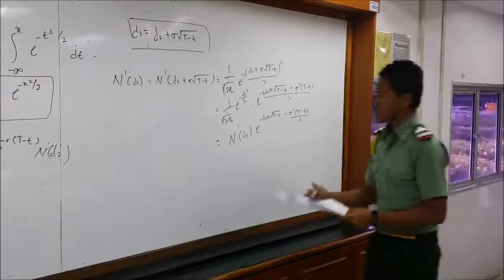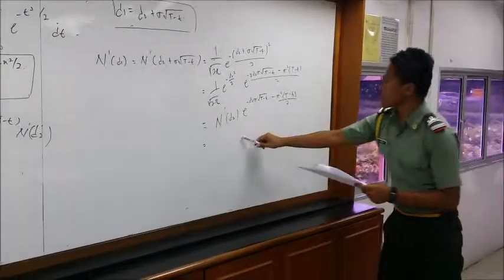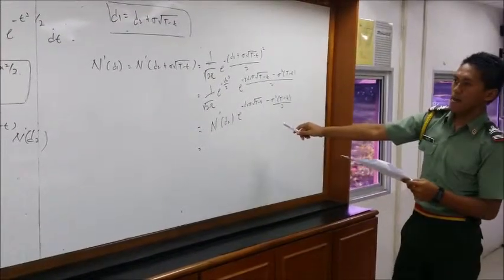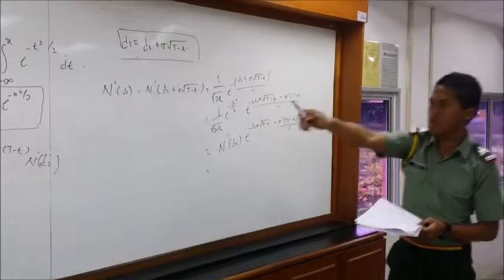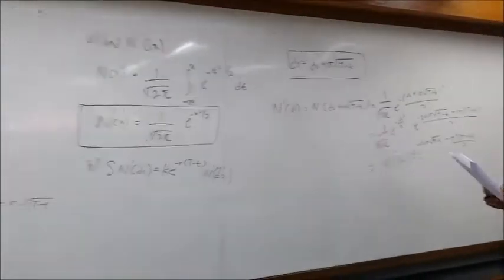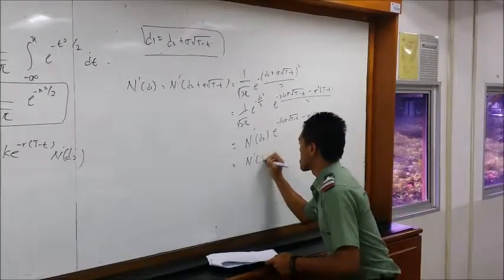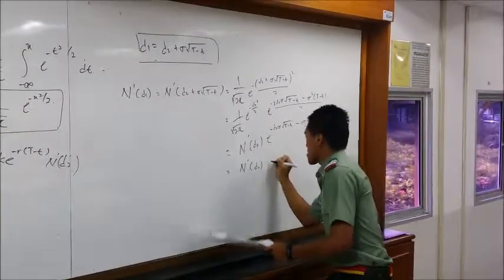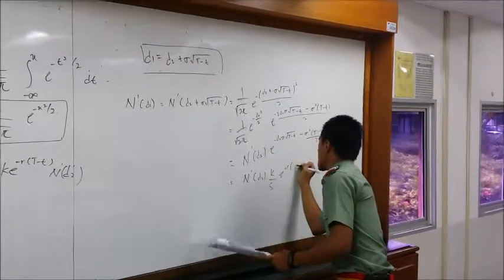Then we can substitute the N prime d2, as we see in the equation there, with K over S e to the power of minus r(T minus t).